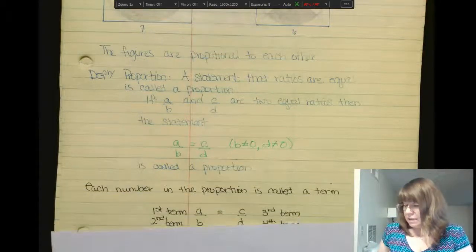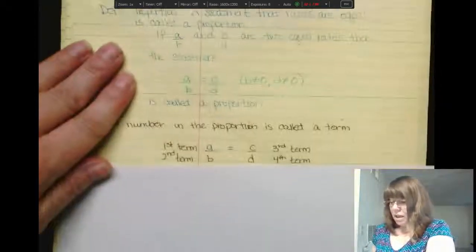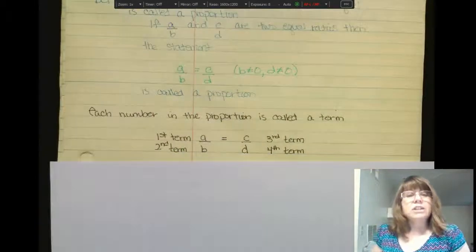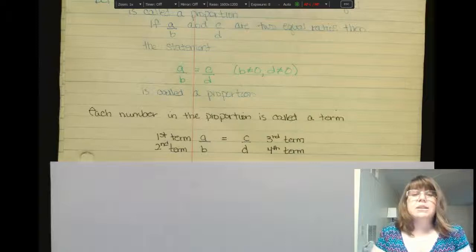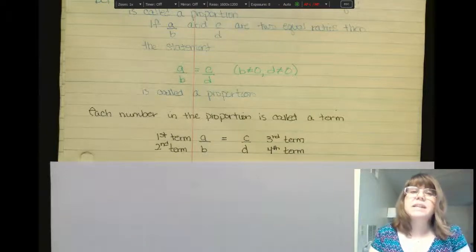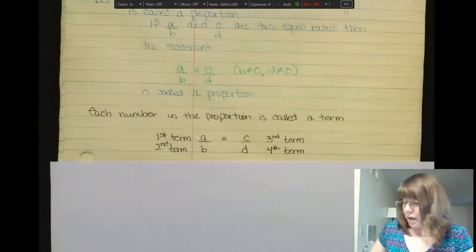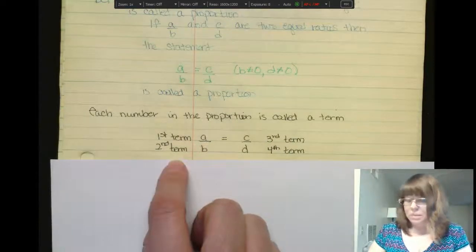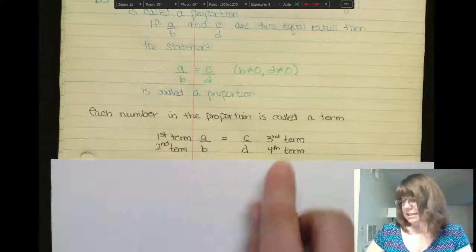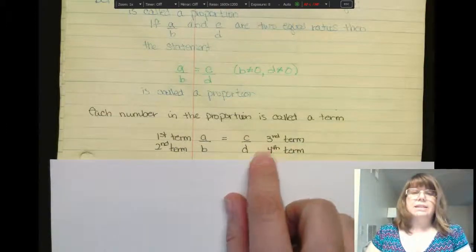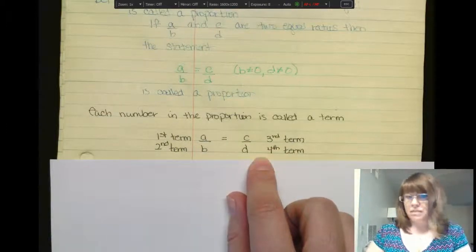And we can also say that each number in the proportion is called a term, and we specifically give numbers to each term. So A would be the first term, B would be the second term, C would be the third term, and D would be the fourth term.